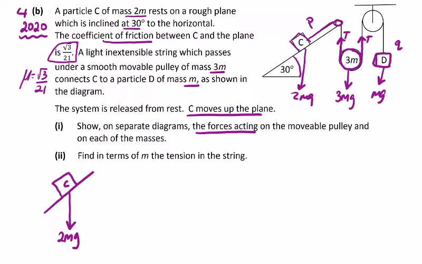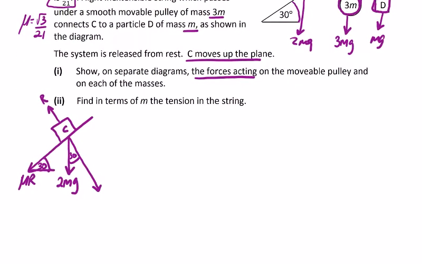This is C. We have μR going in this direction. The reaction between the block and the plane will be equal to the force going down in this direction. We have our 30-degree angle in here. Parallel to the plane, we have 2mg sin 30, which is 2mg times 1 over 2, which is just mg.